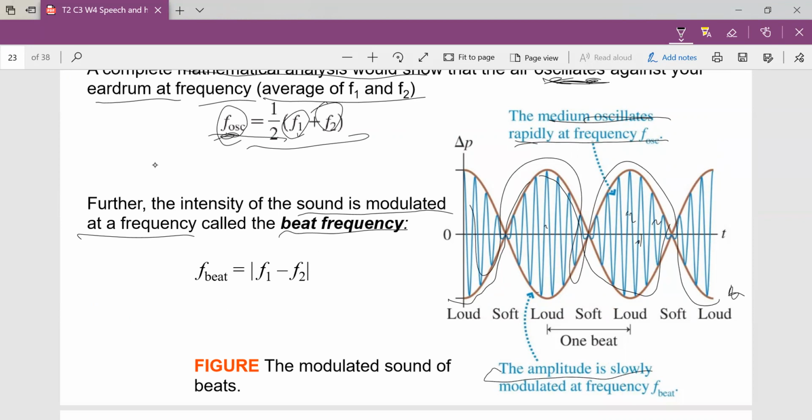You see, the one inside is the oscillation frequency, then the amplitude is slowly modulated to give you the beat frequency here. So when it's modulated, we get a distinct single tone that comes to you. We'll have the loud places of amplitude, the soft where you experience quiet, then the loud again, the soft, the loud. So this and this combined give you one beat.